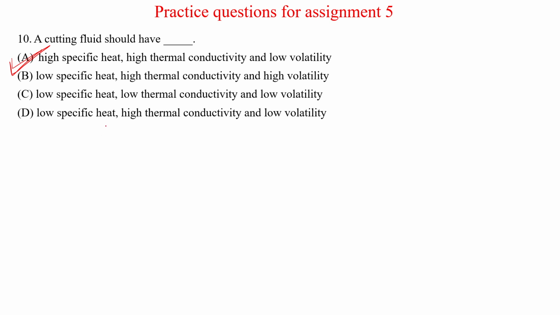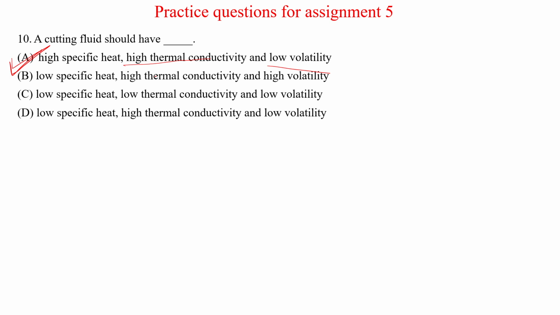Okay. And high thermal conductivity and low volatility. Okay, see, specific heat is how much? The amount of heat required to increase the temperature of a substance by one unit degree, right? So if we have a high specific heat, then more heat will be required to raise the temperature, which is a good thing, right?